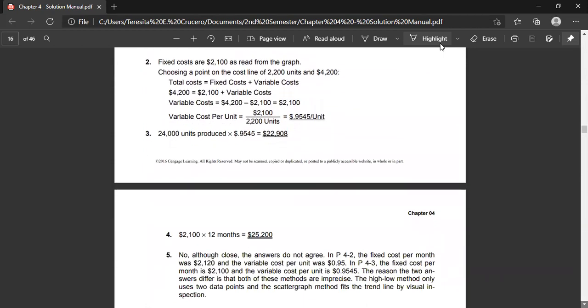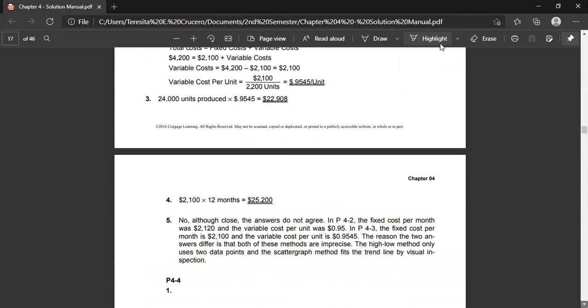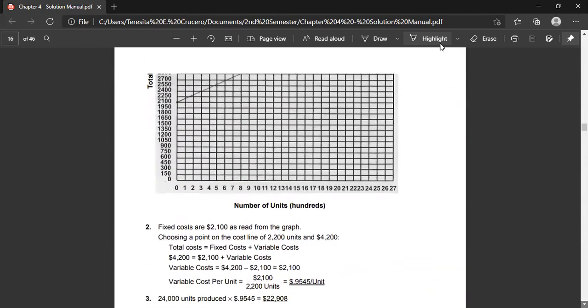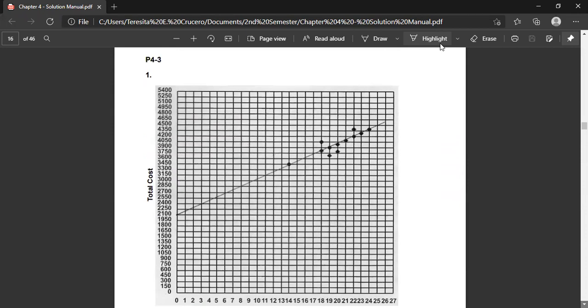Actually, problem 3 has several requirements. In number 1, using a graphing paper, plot the data points on the graph and draw a line by visual inspection indicating the trend shown by the data points.